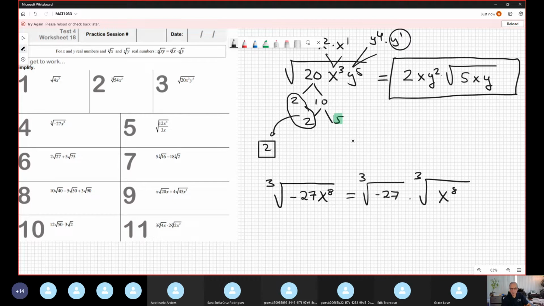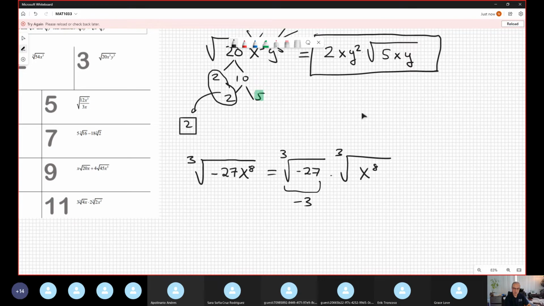And this is negative 3. You know very well. And here I try to find the multiple of 3 close to 8 going down. Multiples of 3 are 3, 6, 9, 12. So going down, it's just 6.